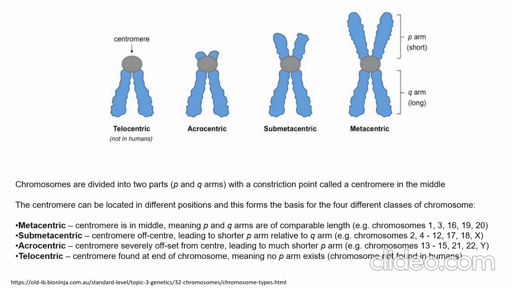I don't really know if there is an exact right answer to this question. To be honest, I think I need to do more reading myself. Maybe you guys, if you're interested, could look it up as well and see what the evolutionary requirement is for this. Why do we have differently shaped chromosomes?